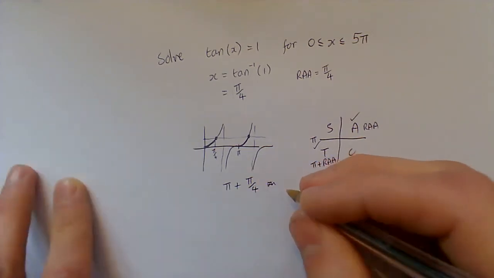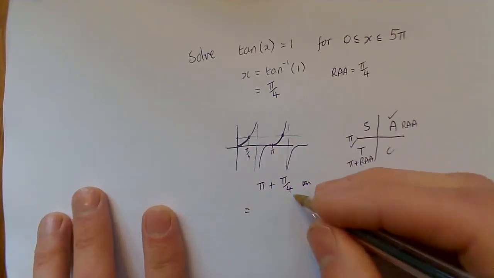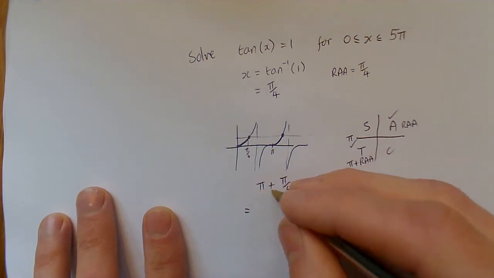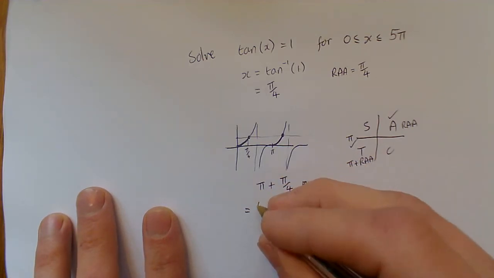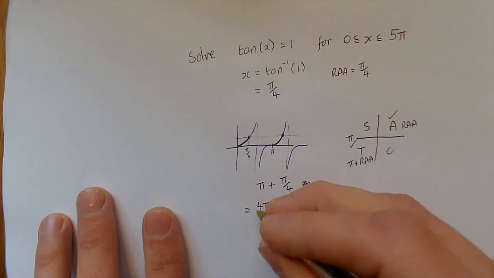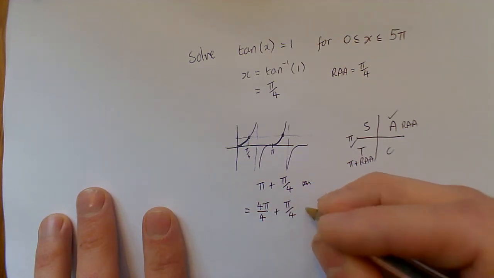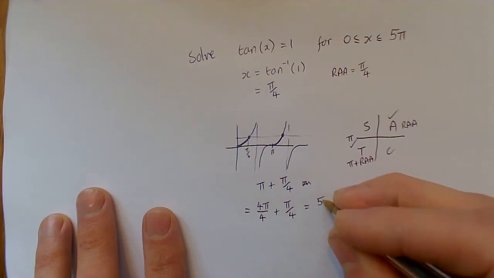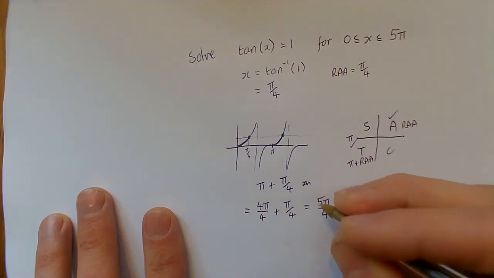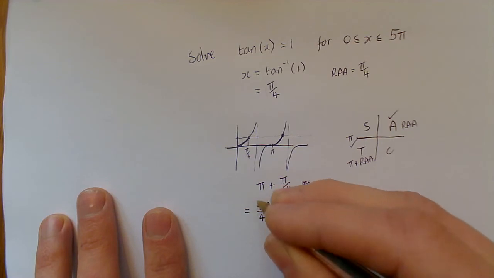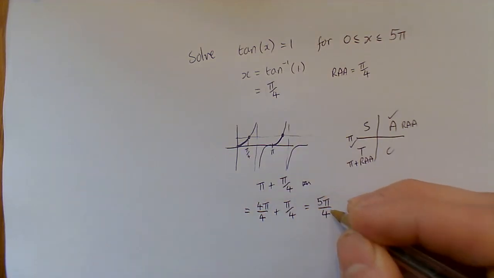Now, I might actually take a new line. How many over 4s do we get? Well, it's the same as 4 pi over 4 plus pi over 4, which is 5 pi over 4.